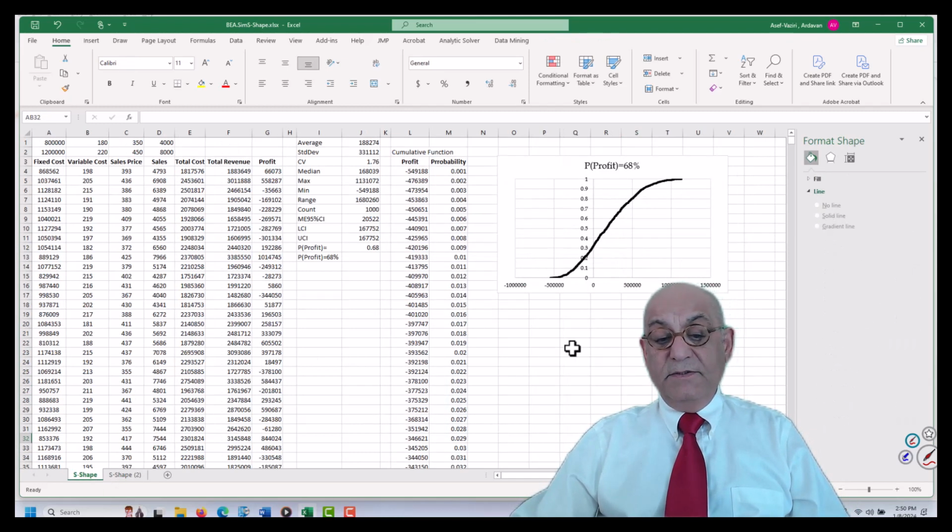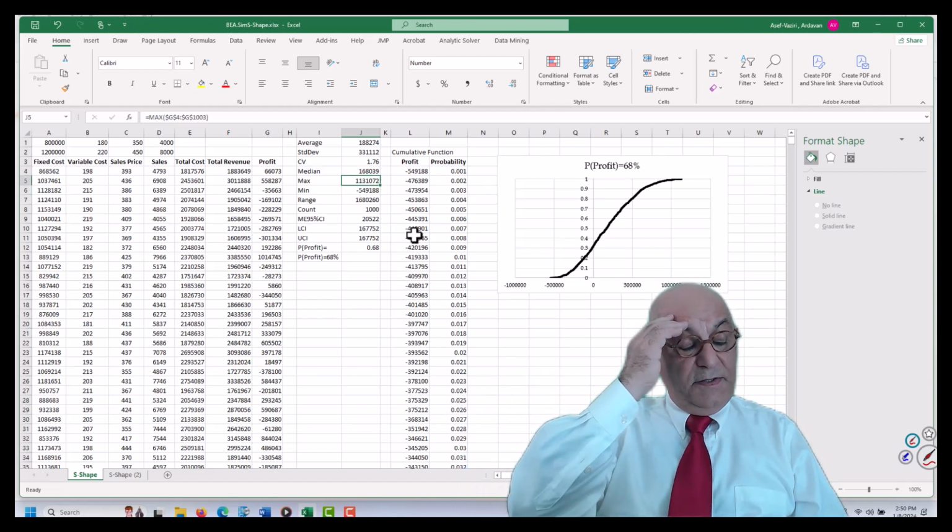I can go back to this page. It tells me that with 68% probability you are making profit. It will go up like this. You may lose 549,000, or you may gain 1,130,000.